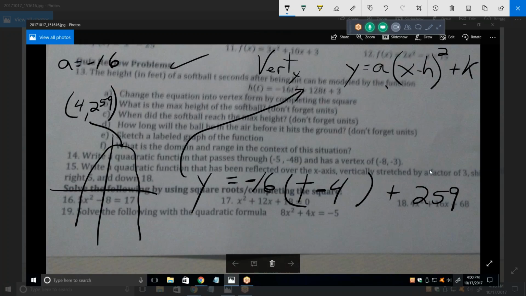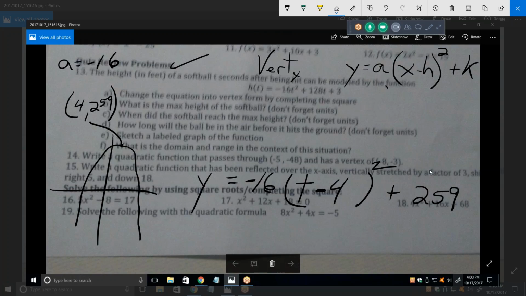The only difference is I've manipulated it so that it's in vertex format, and the advantage of that is mainly you know where the vertex is. Well, if I know this is the way the softball goes, now I can answer some of these other questions.